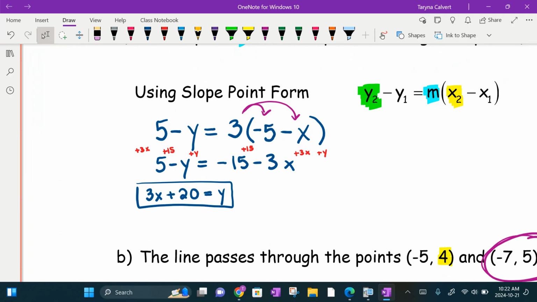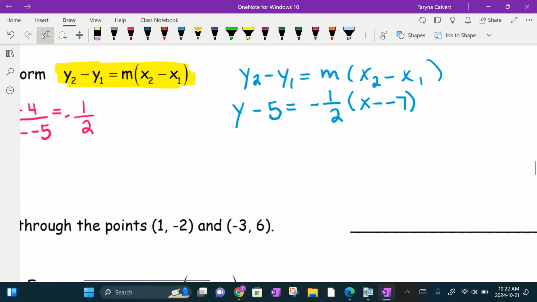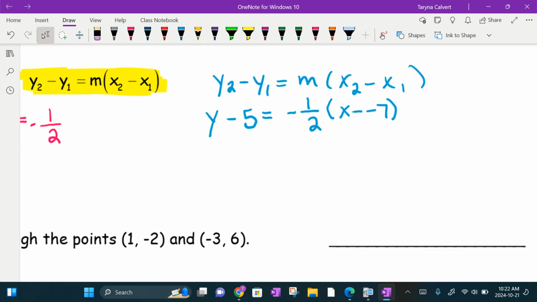Right? What's wrong? Okay. Right, so this one's not quite as nice. We're going to deal with some decimal answers, but no biggie. So we're going to have y minus 5, so deal with the brackets first, equals negative 1/2 x. And then 2 negatives inside the brackets change to a positive.